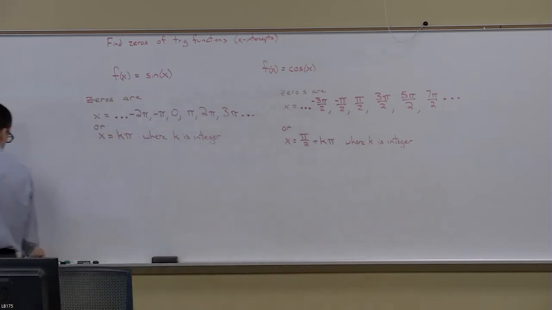Let's talk about both the zeros and the asymptotes of f of x equals tangent of x. So we're going to find both the zeros and the asymptotes of tangent.